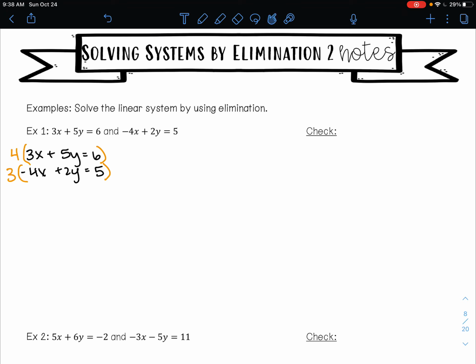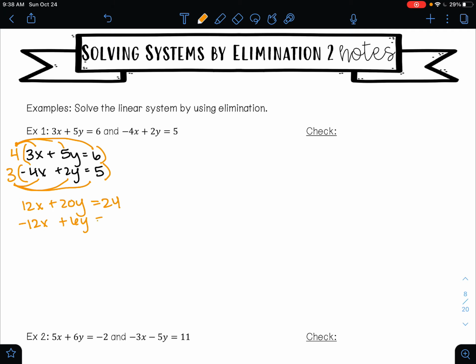So, 4 times 3x is 12x. 4 times 5y is 20y. And 4 times 6 is 24. For our bottom equation, 3 times negative 4x is negative 12x, 3 times 2y is 6y, and 3 times 5 is 15.